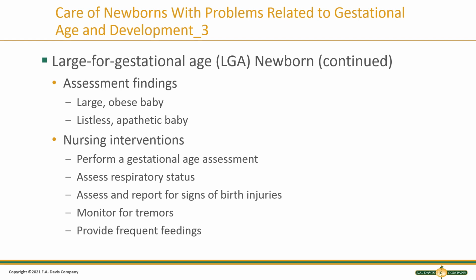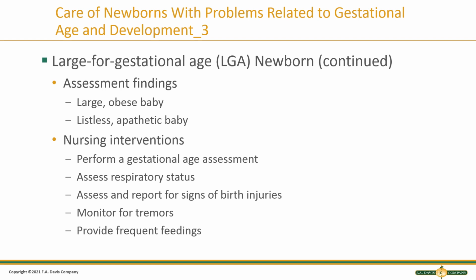I did hear somebody say just recently that there was a baby born that was LGA and the shoulder and the arm was broken to get that baby delivered. So sometimes birth injuries occur with the delivery of an LGA baby. Tremors, provide frequent feedings as well.